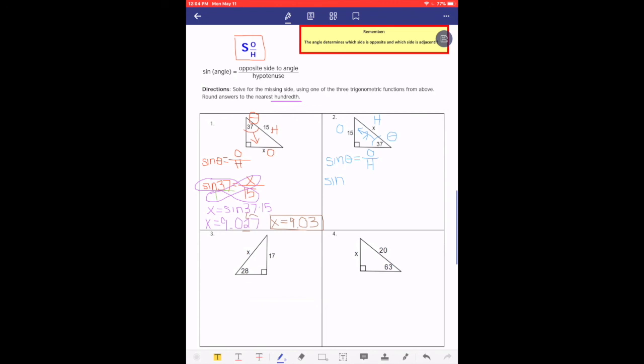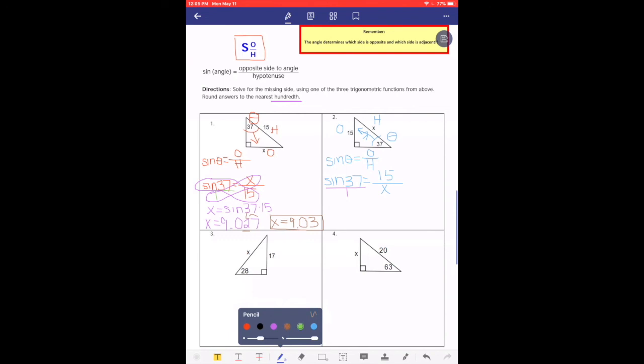My angle was 37 equals, the opposite I labeled as 15, and the hypotenuse I labeled as x. So in order to solve for x, I want to make this a proportion. Sine 37 is by itself, but I can make it a fraction if I put it over 1.